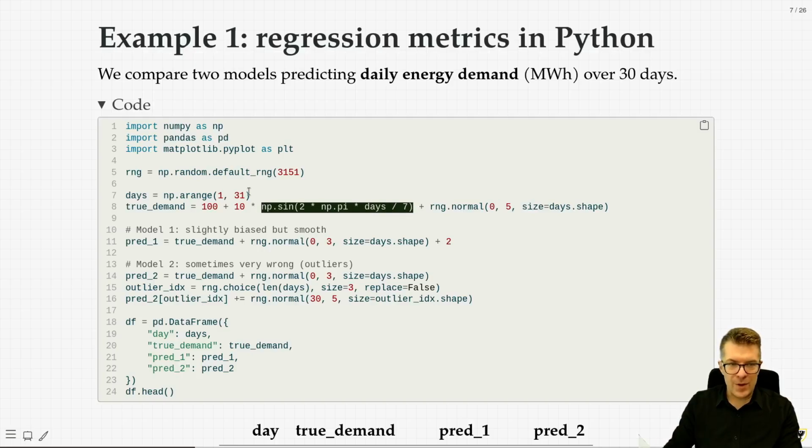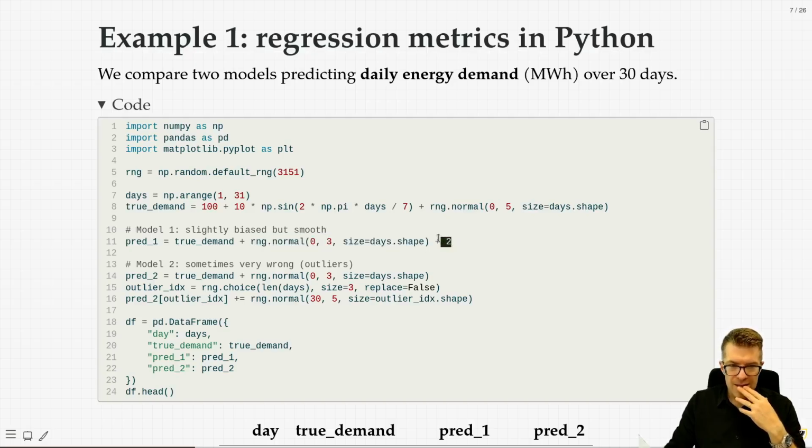And then we have a couple of other parameters over here that describe the shape of this change over time. So the first model will, however it's computed, whatever the architecture is, make predictions that are fairly close to the true demand, except there'll be a small amount of noise and a little bias of 2 over here.